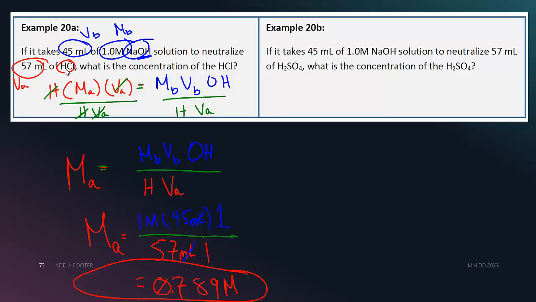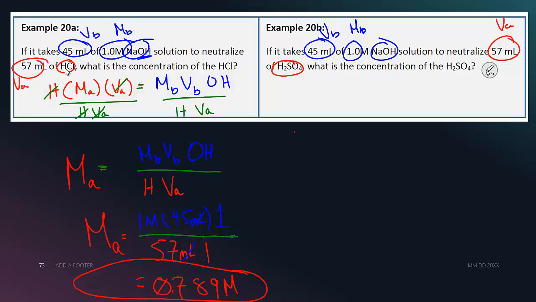If it takes 45 milliliters of 1 molar sodium hydroxide to neutralize 57 milliliters of sulfuric acid, what is the concentration of the sulfuric acid? Again, we know the volume, molarity, and identity of our base. We know the volume of the acid and its formula.